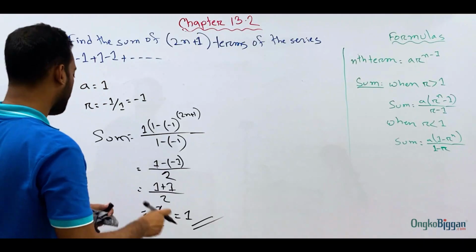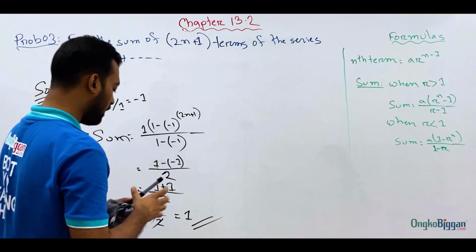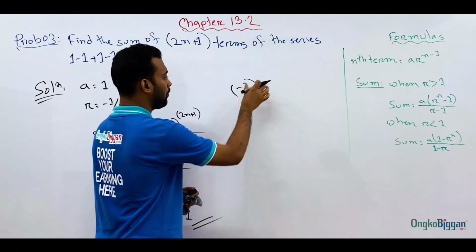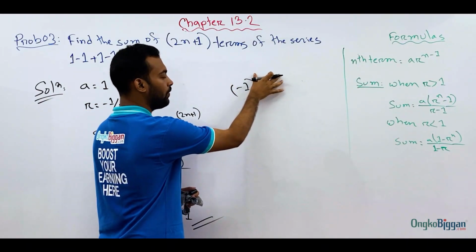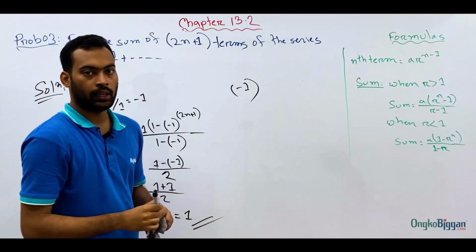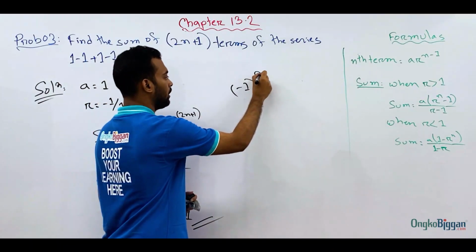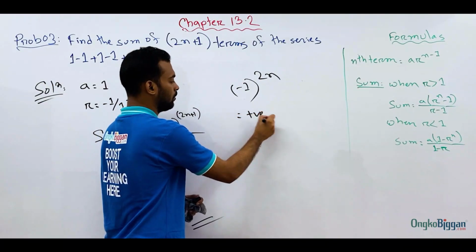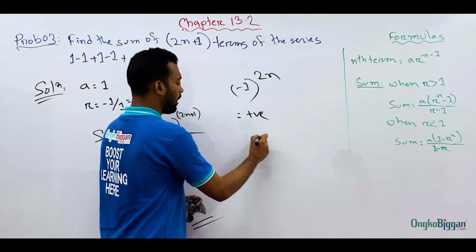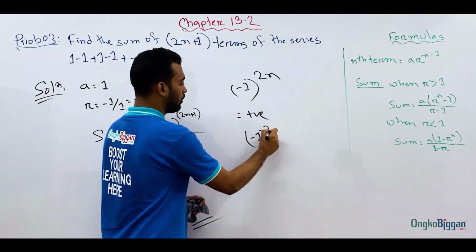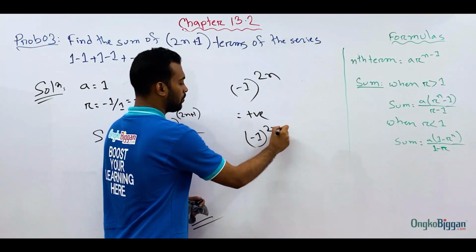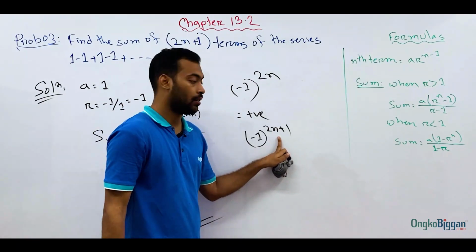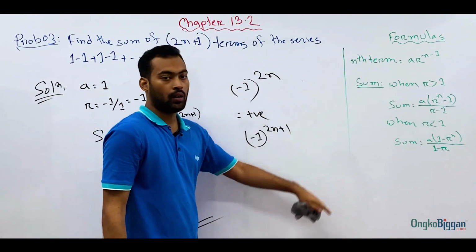So basically the trick in this problem is that if we have any negative number and the power of that negative number is an even number, that will give us a positive number eventually. That means if it is 2n, it will always give us a positive value. But for minus 1 to the power 2n plus 1, we are adding 1 to an even number, so it will obviously be an odd number.